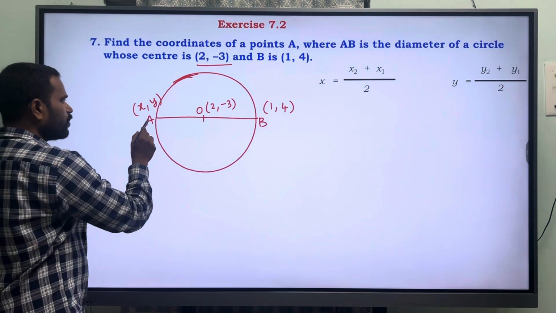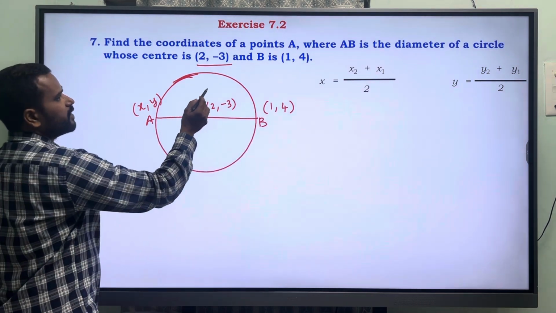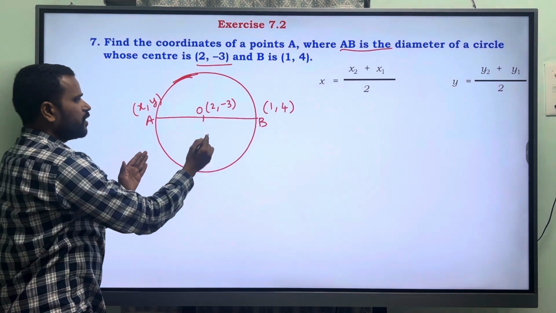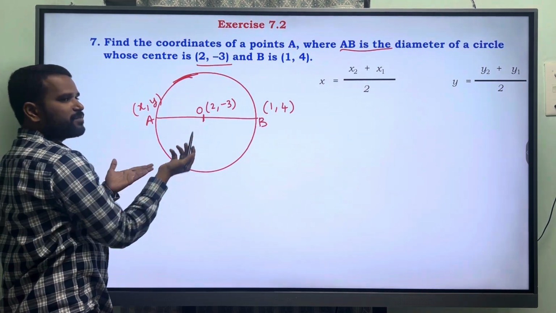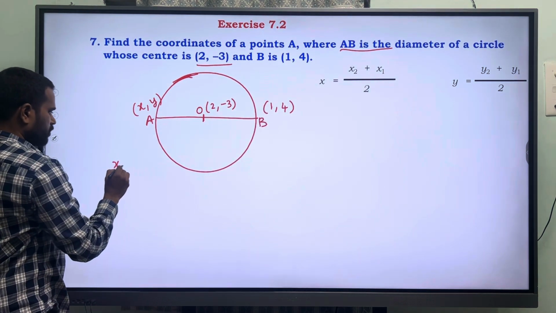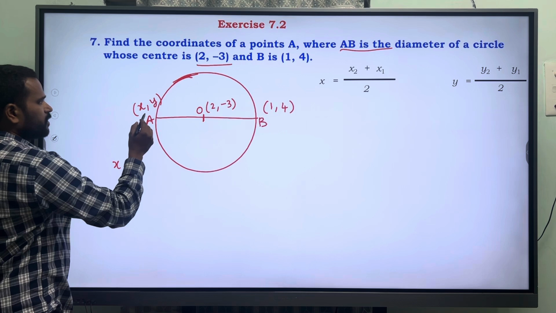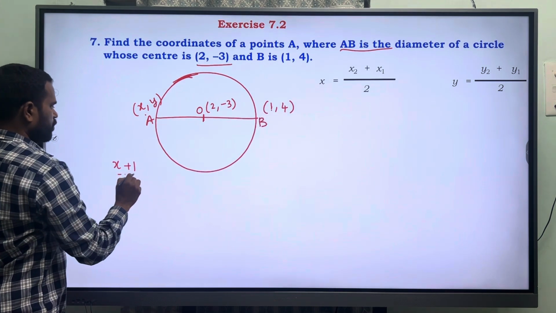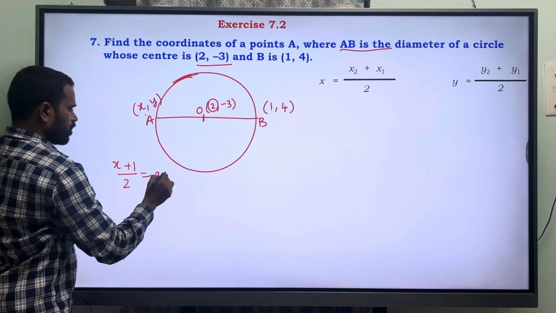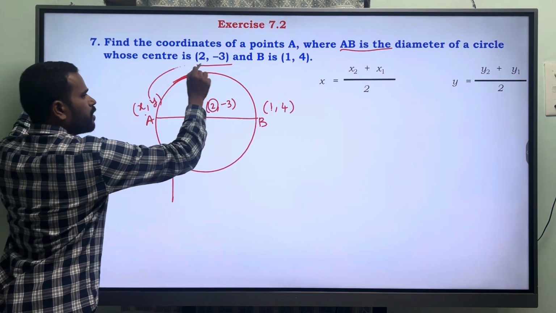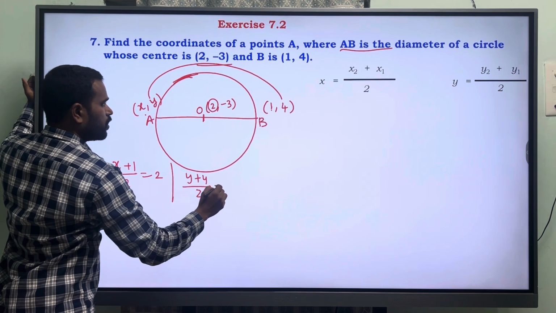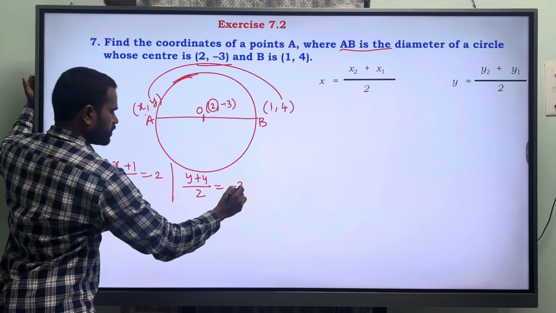So see, we know AB is the diameter. If AB is the diameter, O is the center, right? So O is the midpoint. So (x plus 1) by 2 should be equal to 2, and (y plus 4) by 2 is equal to minus 3.